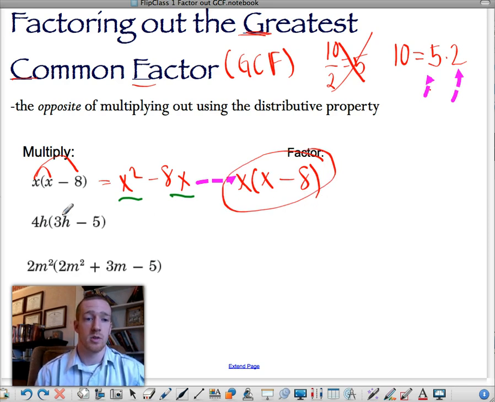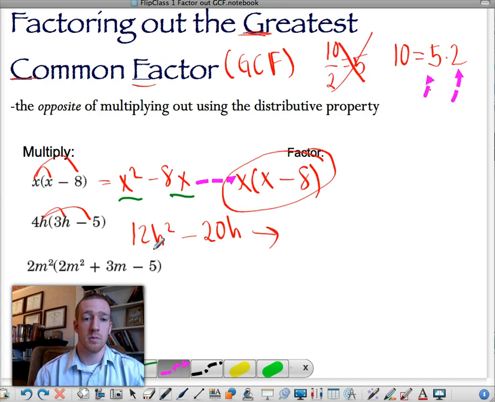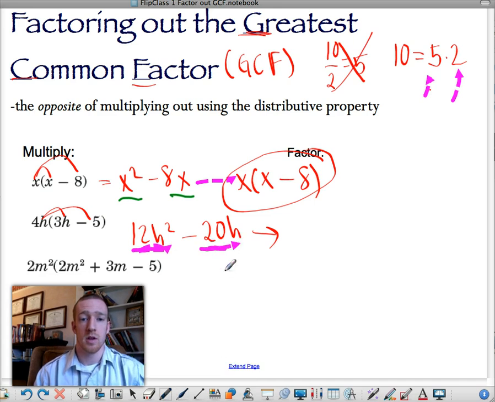Alright, so here if I distribute in, I get 12h squared minus 20h. So if I want to factor, I'm going to look for what divides out of both of these. Well, I can divide a 4 into this, and I can divide an h out of both of these.